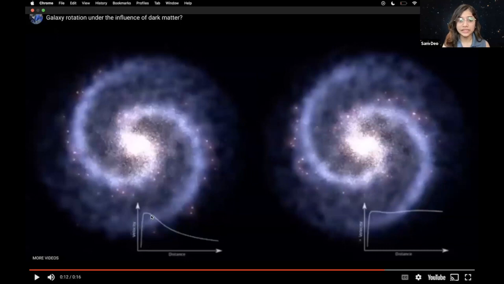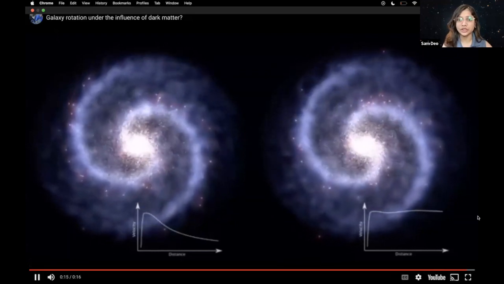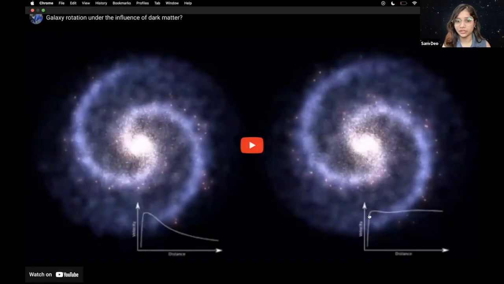The velocity seems to go down as we go far from the center. However, what has been observed is that the velocity is roughly constant even far away from the center. And these are two simulations of the galaxy rotation curve.